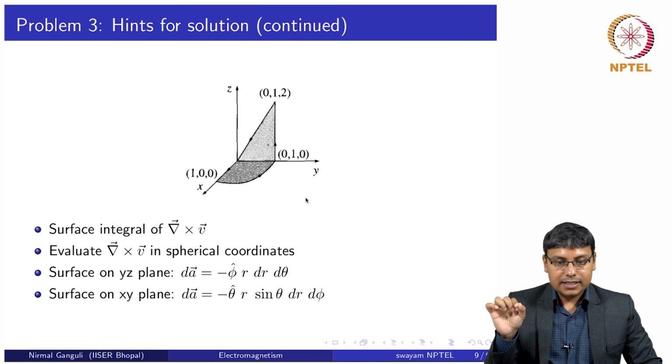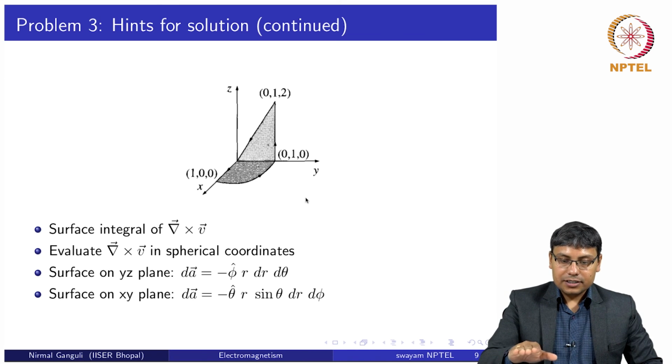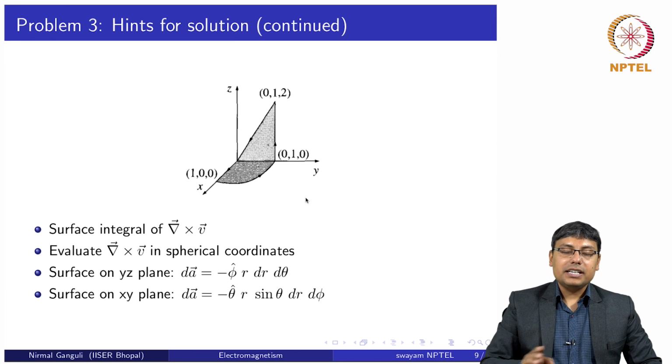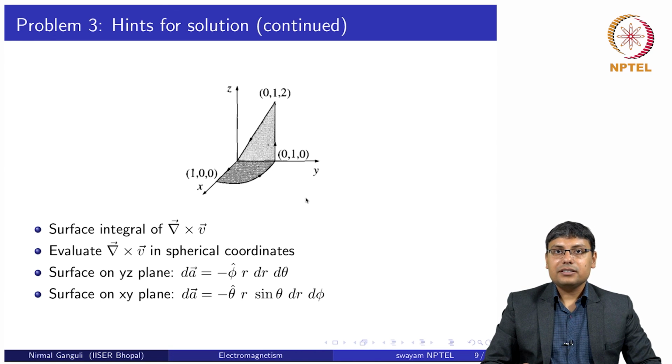So, it is minus theta cap for xy plane points along z axis times r sin theta dr d phi. These are the two surfaces where we are supposed to perform the surface integral of the curl of the vector. And please perform these integrals and verify the Stokes theorem yourself. That is the end of tutorial 2.